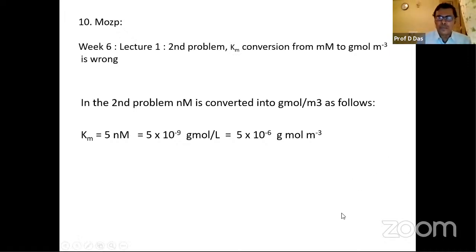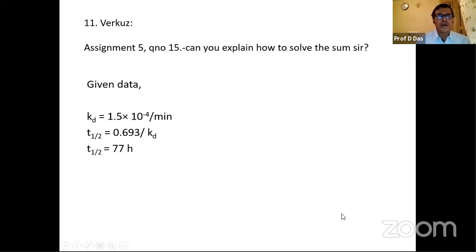Next is assignment 5. The question has been asked, can you explain how to solve the sum? The kd value is given here.